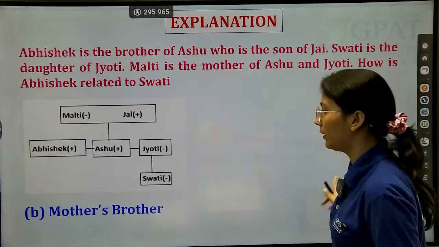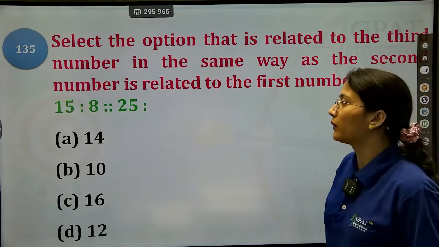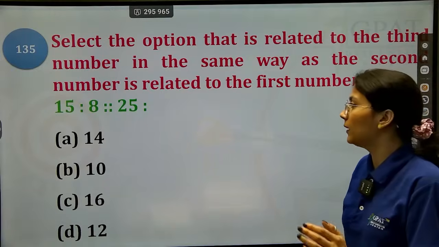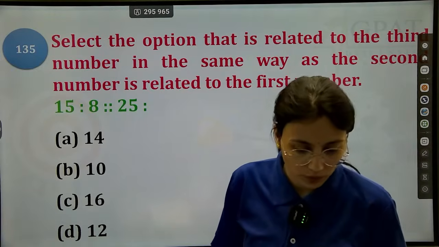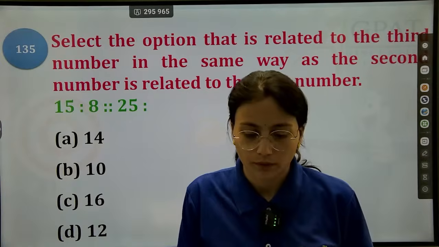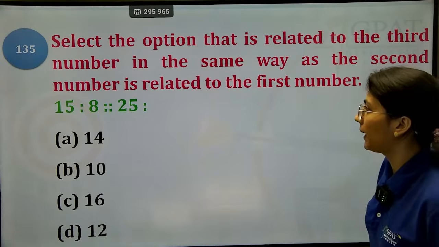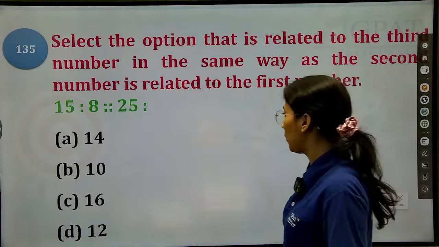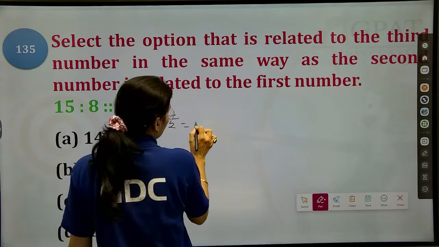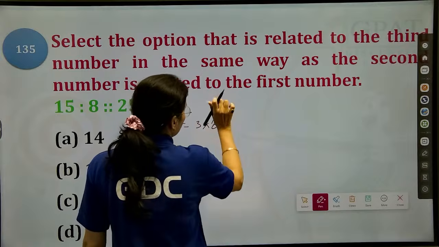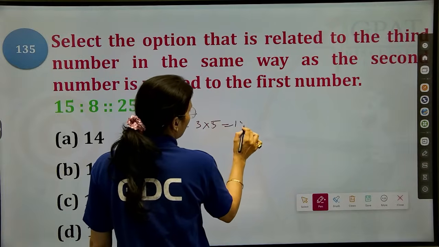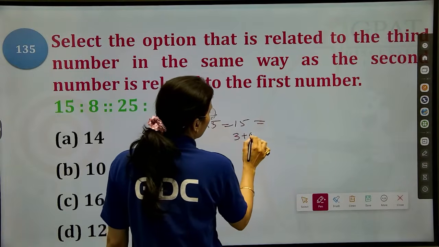So how are they connected? Mother's brother. Like 15:8, 25 is to what? If you see, 15 is equal to 3 multiplied by 5, that is 15, and 3 plus 5 is what?